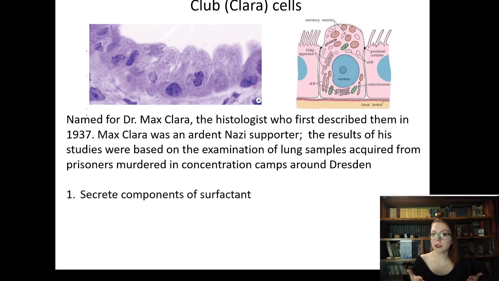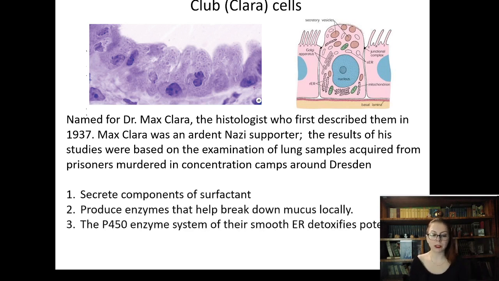Then their main function is to produce some components of surfactant. Also, they produce enzymes to break down mucus, and also they participate in detoxification, as I told you.